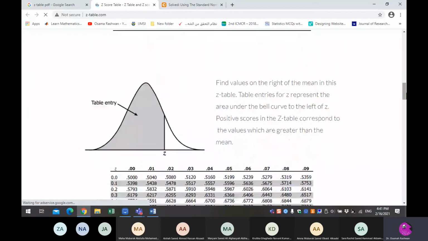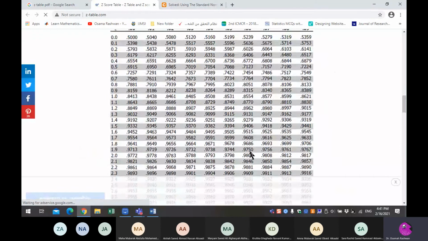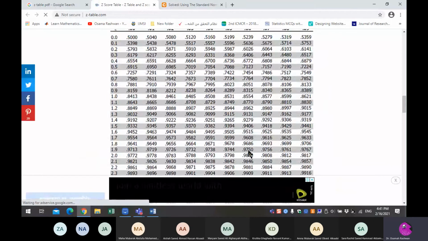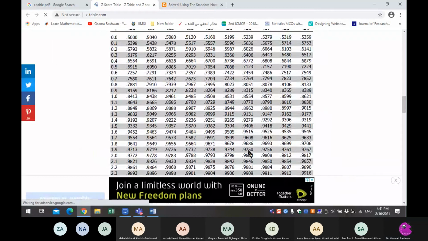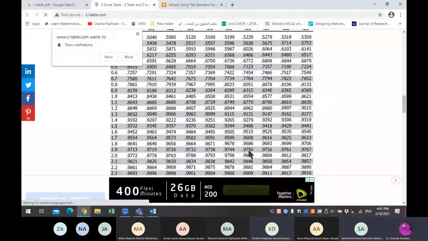I have it. So this is my Z. I'm looking for 0.975. Do you see 0.975 over here? Yes, this is the one. What is the main value of Z? 1.9. What is the second decimal?